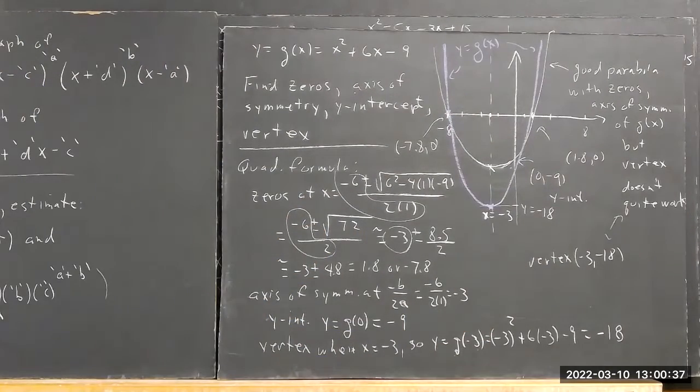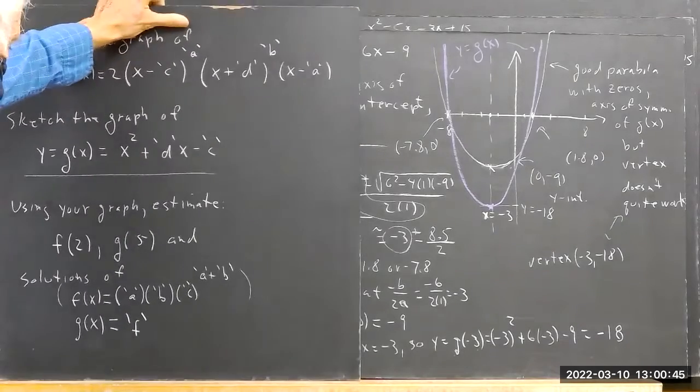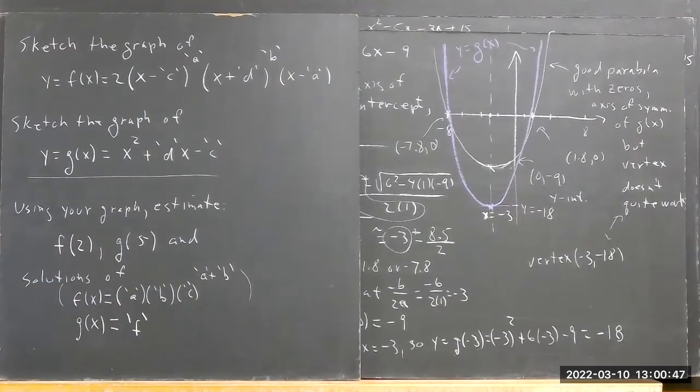Now, I also asked that you use your graph to estimate g of 5. We asked to estimate f of 2 and g of 5, and then the solutions of g of x equals f.